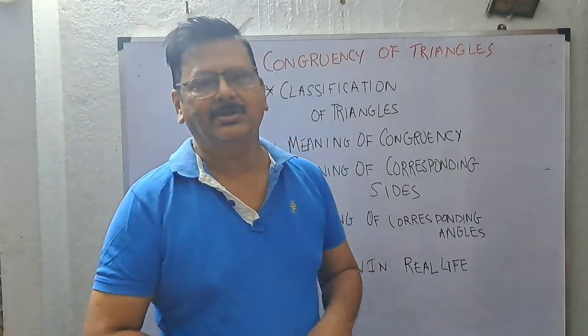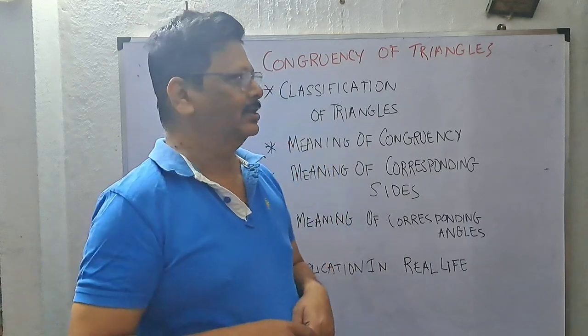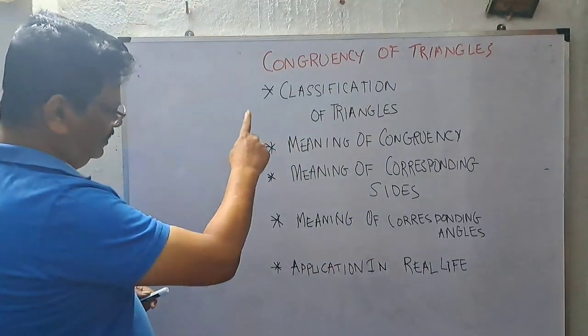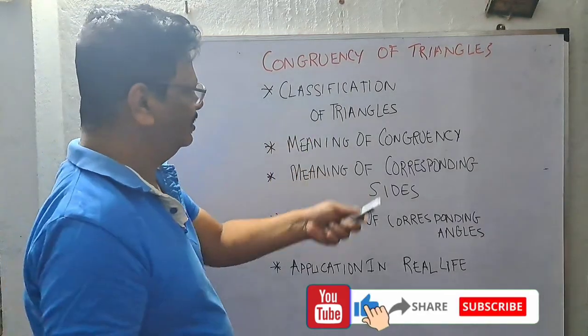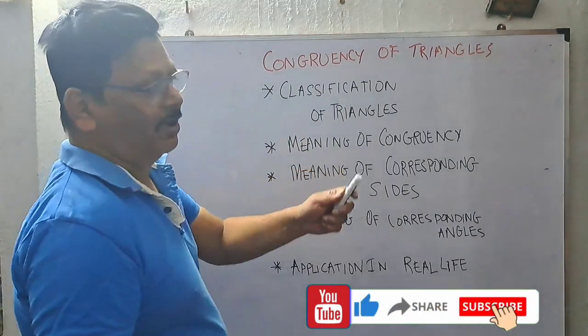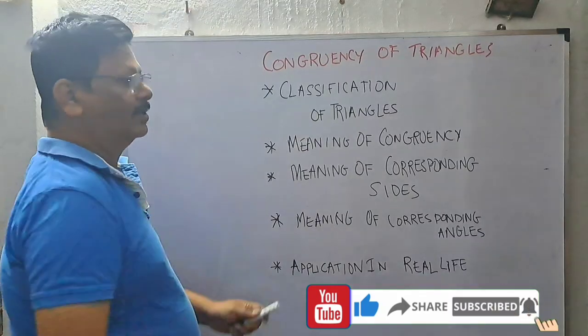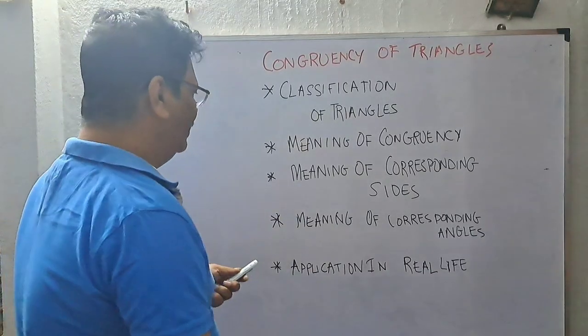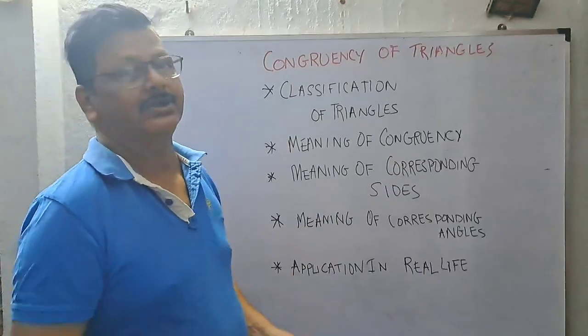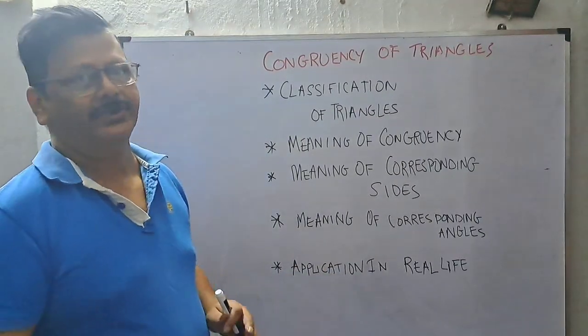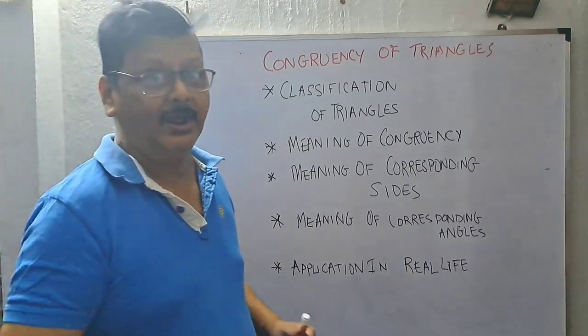In discussing it, we'll cover five things: first, the classification of triangles, meaning of congruency, meaning of corresponding sides, meaning of corresponding angles, and application of congruency in real life. So we start right now.